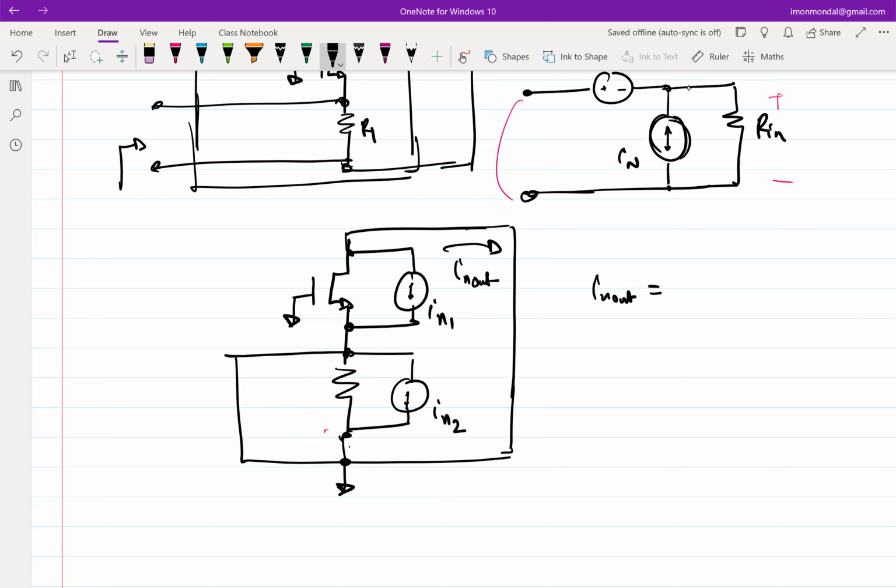Yeah, IN2 basically doesn't come into the picture at all because IN2 gets shorted, so I'll remove IN2. Then only the contribution of IN1 will be there. So what will that contribution be?